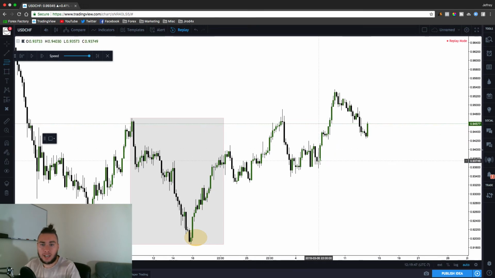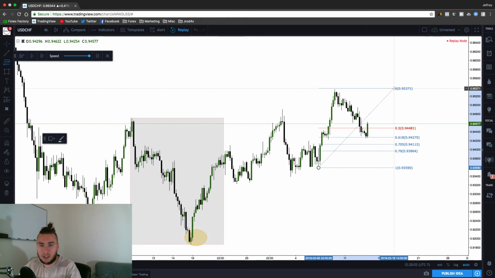I wait for a confirmation. My confirmation always has to have the bodies of the candles close above the high or low that I'm looking for. So in this example, we have that here. So what I would do is draw my fib from that low to this high, and what I would do is I would actually be looking for my entries within these levels.